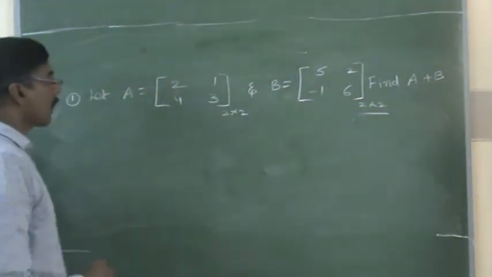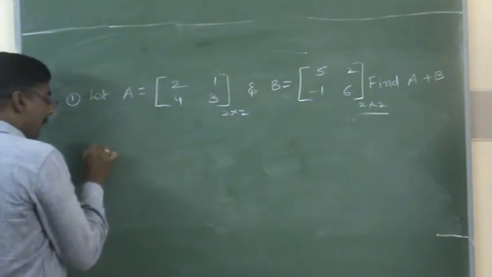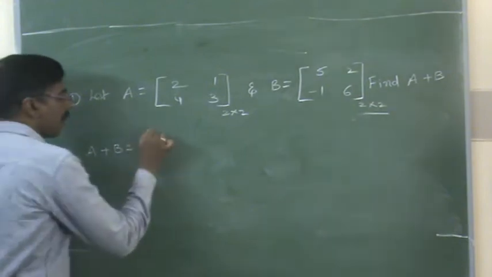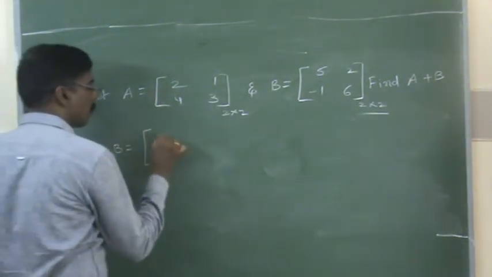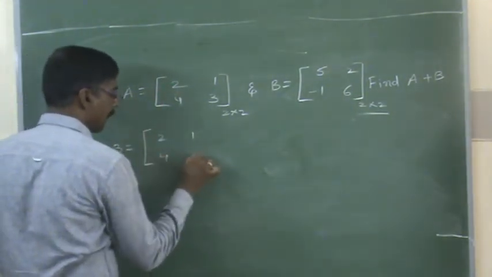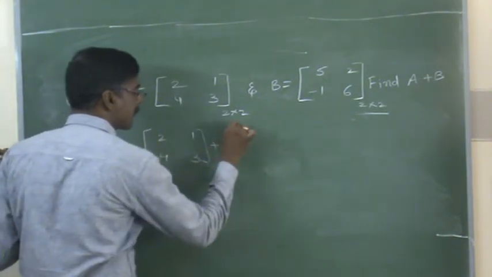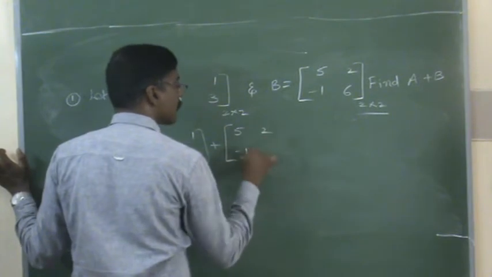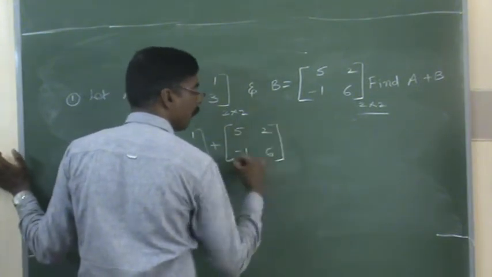Next we go through the concept: how we are adding matrix A plus matrix B. We write matrix A, which is 2, 1, 4, 3, plus matrix B, which is 5, 2, -1, 6.